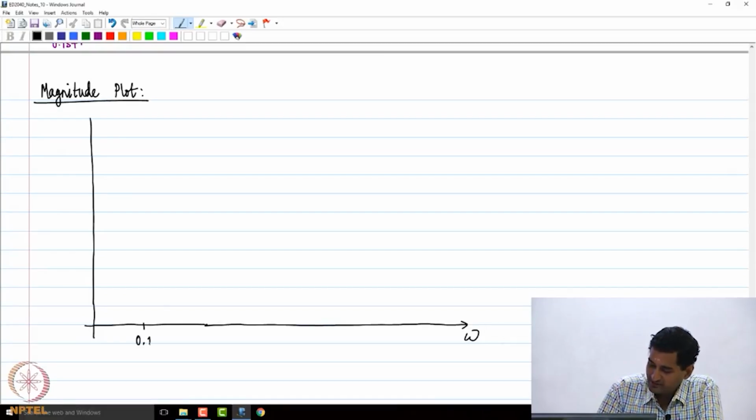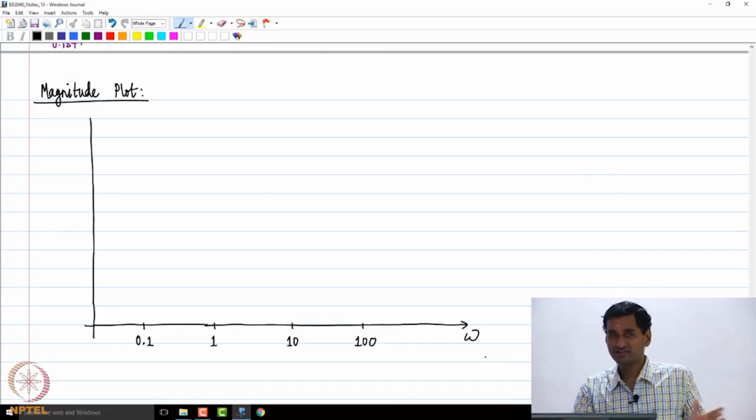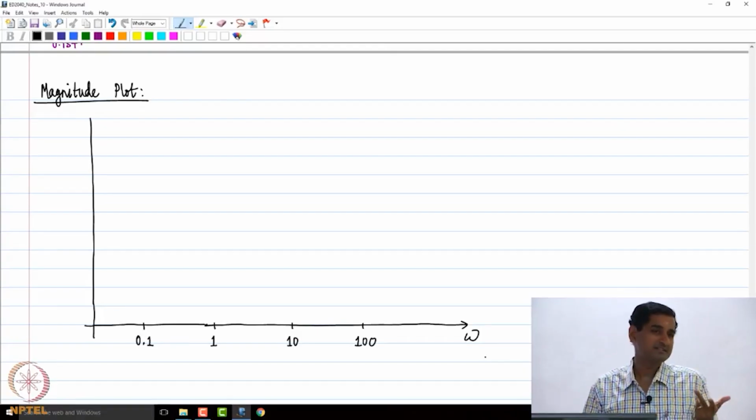Of course, 1 and 10 are going to be my corner frequencies. So, I consider a frequency range typically 1 decade above and 1 decade below the corner frequencies. That is typically the choice of a range of frequencies that we by and large consider. It is a rule of thumb, okay. You can go for a larger range also, no issues with that.